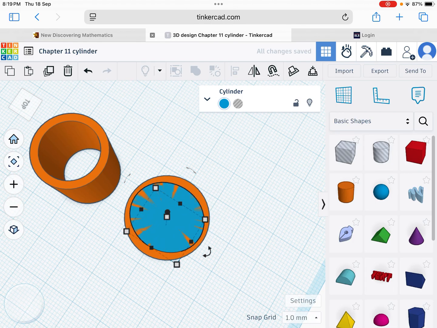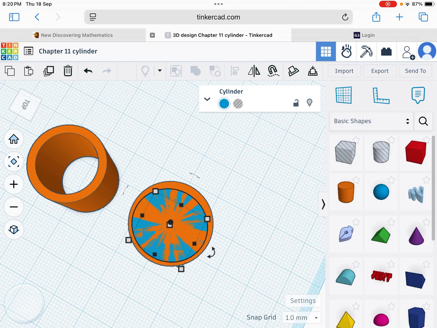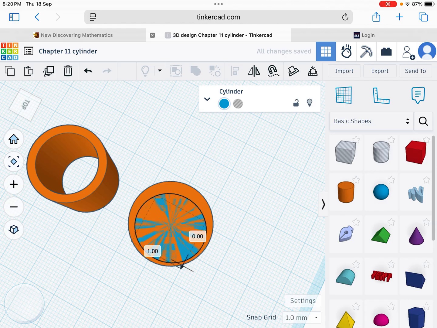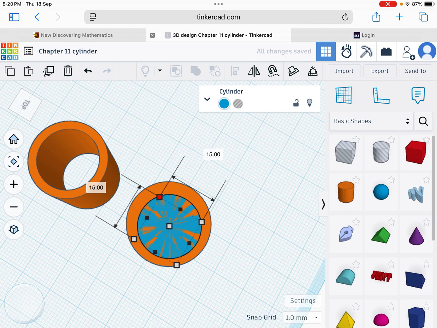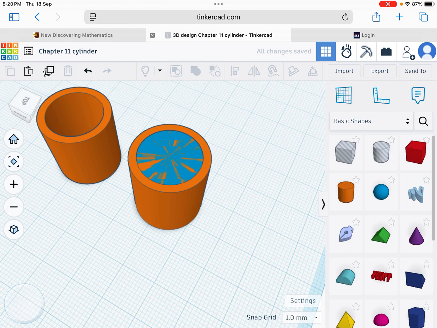Not so smooth, but roughly, you get the rough idea. Here it is.